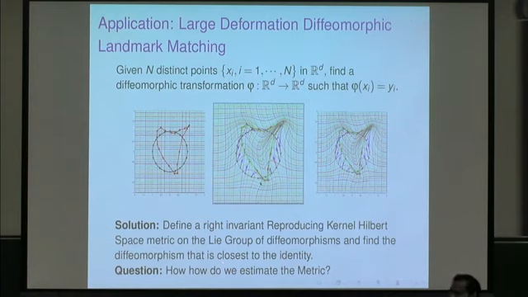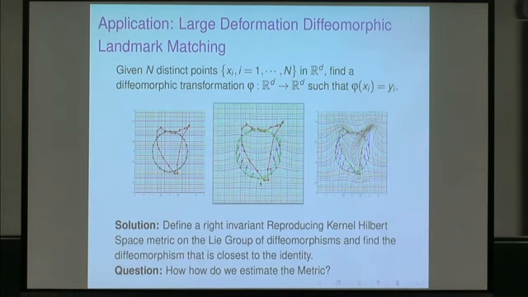And the problem I want to use this framework for is: how do we estimate this right invariant metric on this diffeomorphism group that's parameterized? The data comes from a diffeomorphic transformation downstairs of these landmark points, and you're given a whole bunch of these landmark points, and you want to estimate some parameters of the metric, and also the base configuration mu, which is the mean configuration of landmark points.